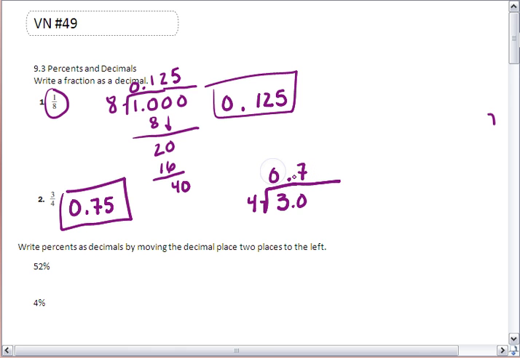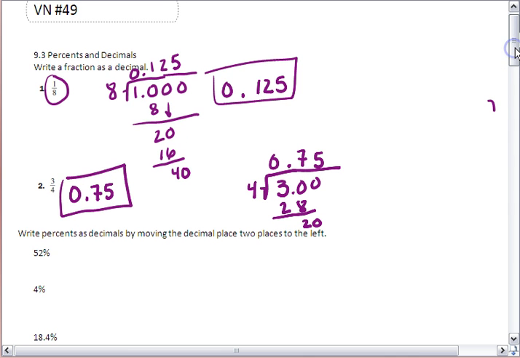Again, place your decimal here. 28. Bring down my 2. 4 goes into 20 5 times, and that's where my 0.75 comes from, or 75 hundredths.